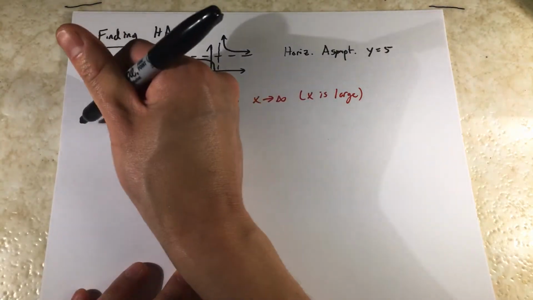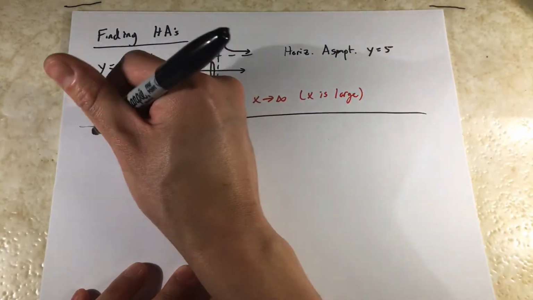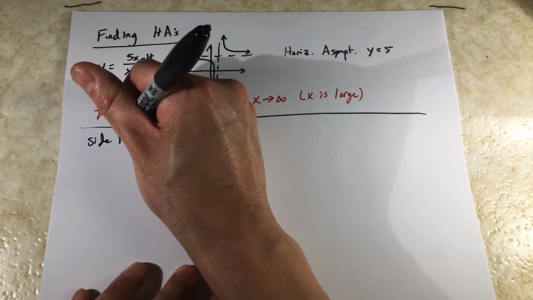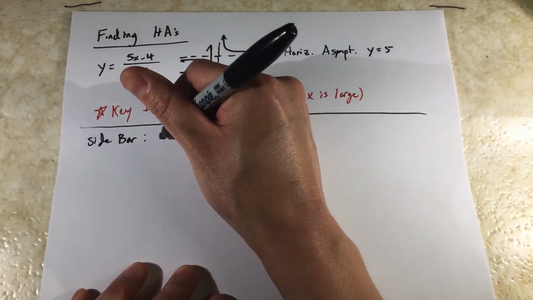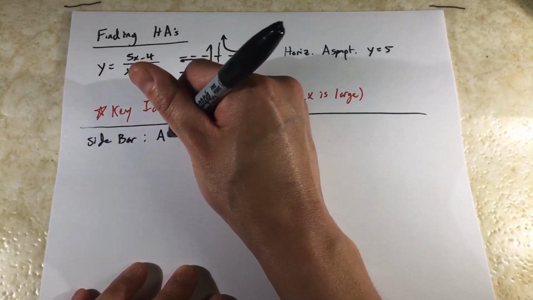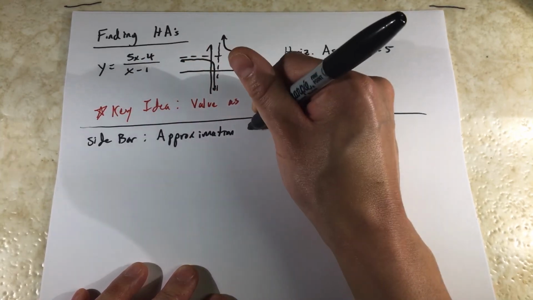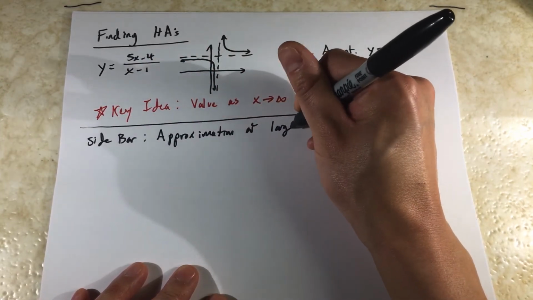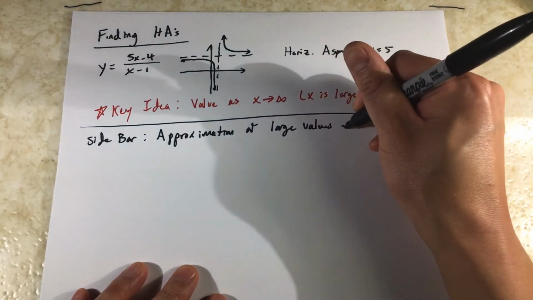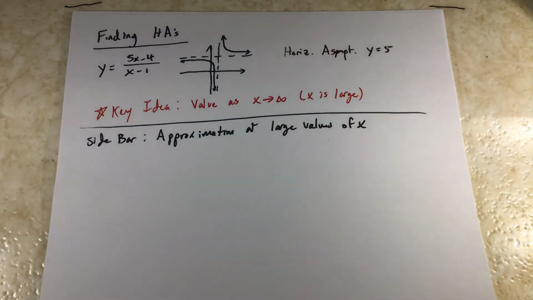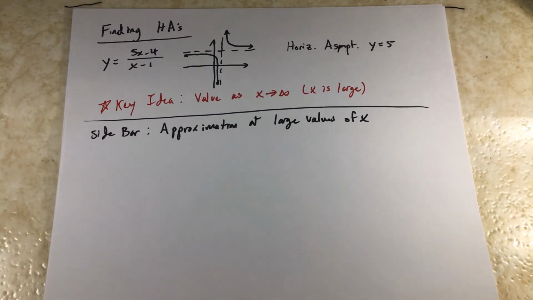All right, so I'm going to do a little sidebar. I'm going to call this sidebar approximation at large values of x. So how do you approximate a function at large values of x? We're going to do a little experiment.